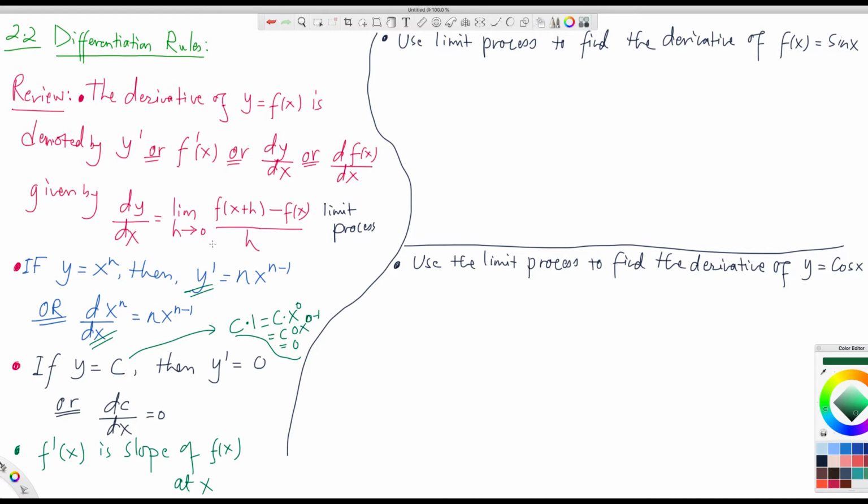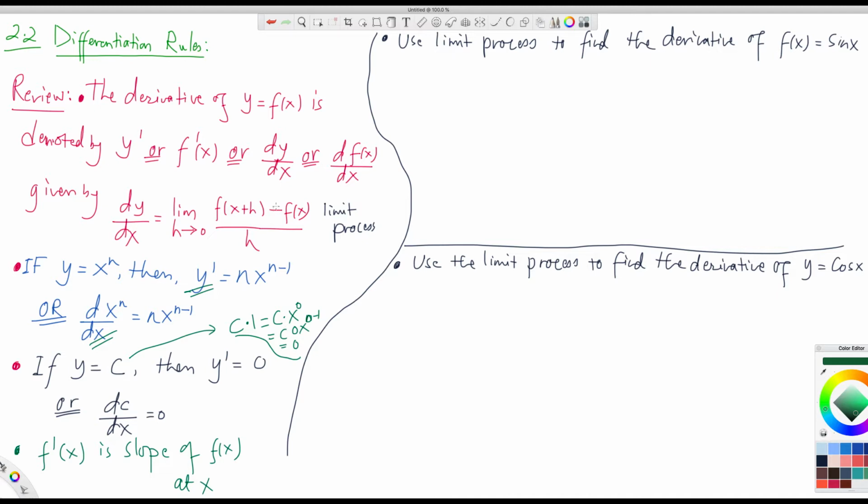The limit definition is usually used to find the formula of the derivative of different types of functions. When we do problems finding the derivative, we use shortcut formulas directly. But to derive the formula of the derivative of a function, at first we use the limit definition, or the limit process.